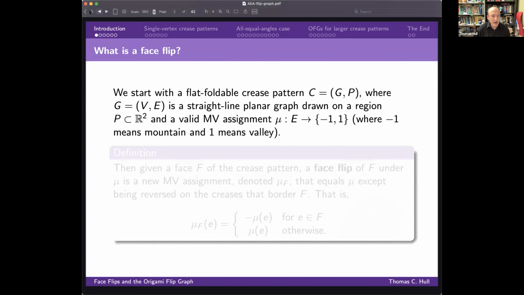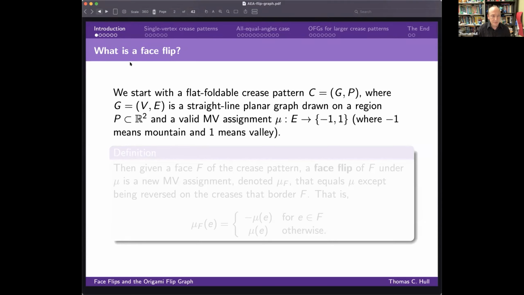So here we go. We're talking about flat origami crease patterns. I always think of them as a graph with vertices and edges, V and E, a straight line planar graph drawn on a piece of paper, P, which is a subset of the plane. But we also have a valid mountain valley assignment, which we can think of as a mapping from the edges, our crease lines, to -1 and 1, where -1 means mountain and 1 means valley, or something like that.